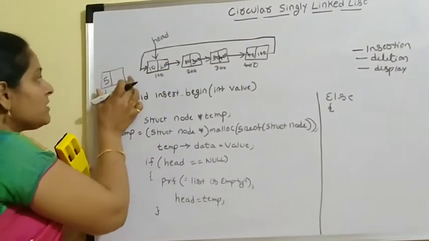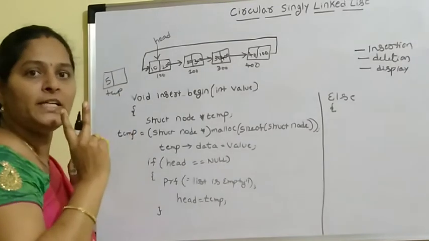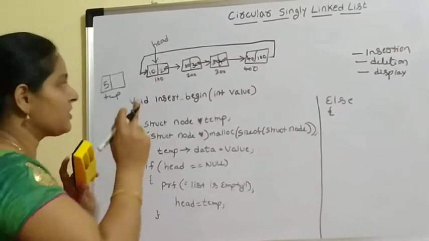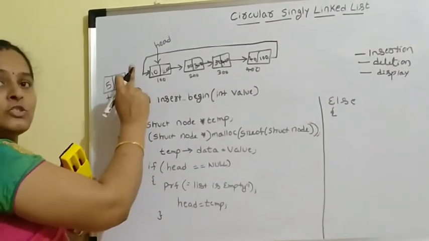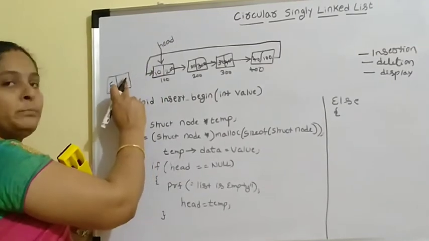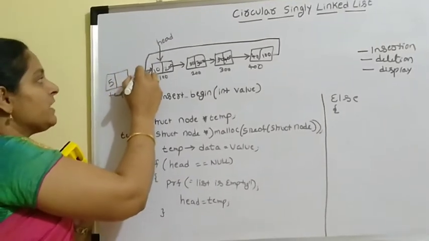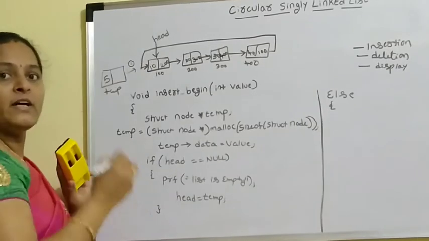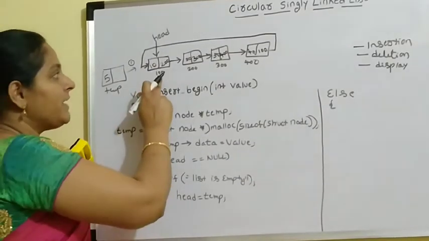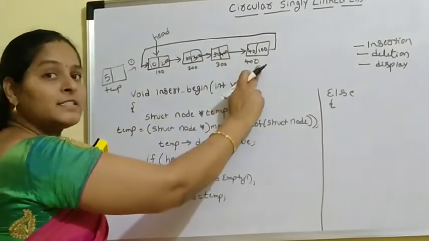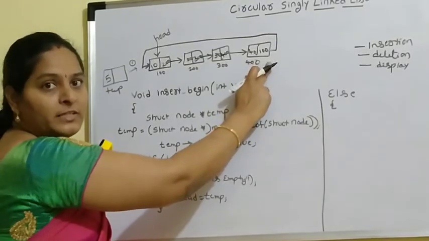To insert this node in the beginning position, we need to make two connections. The first connection is we need to store the head address in the temp next part. This is the first connection we need to establish. The second connection: this head address is there in the last node's next field.